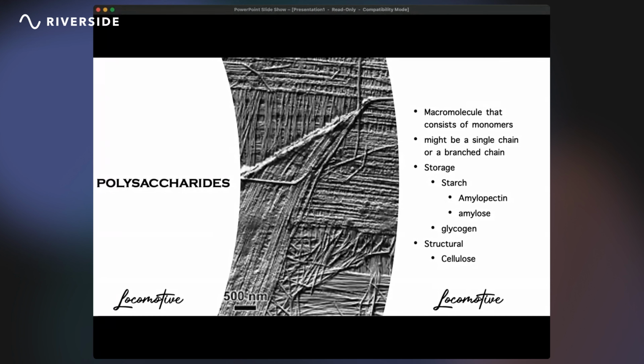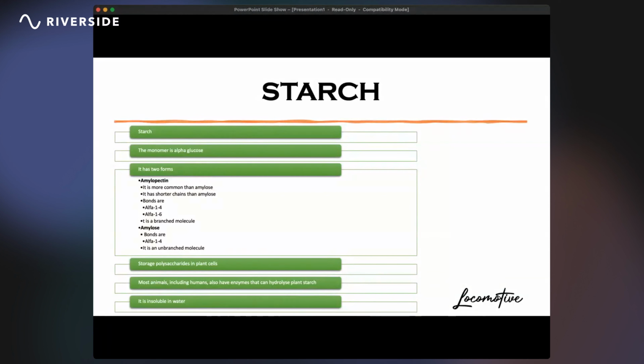Storage polysaccharides are starch and glycogen, and cellulose is the structural polysaccharide. Let's discuss each of them. Starch: plants store starch, a polymer consisting of alpha glucose subunits. So the monomer is alpha glucose. It has two forms, amylose and amylopectin.